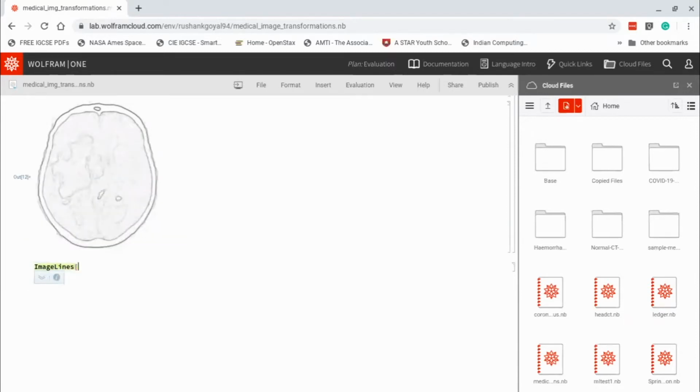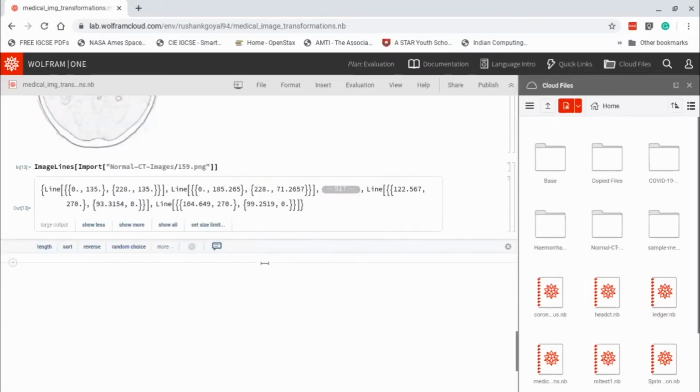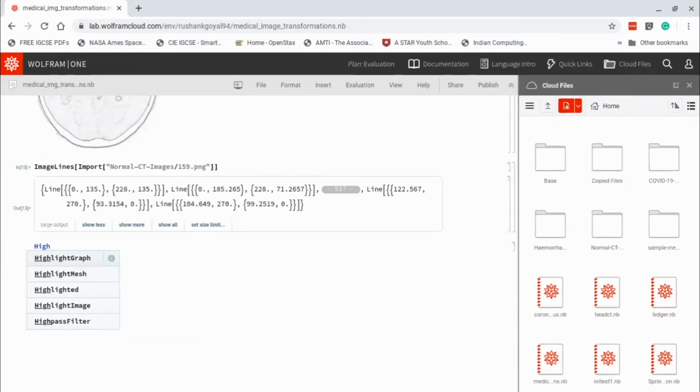So image transformations. Oops, let me remove the gradient filter. Okay, and I should highlight the image.